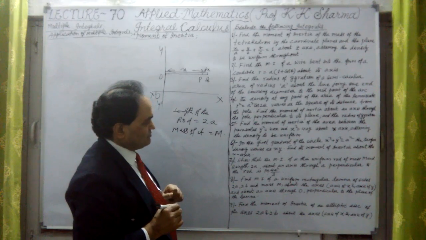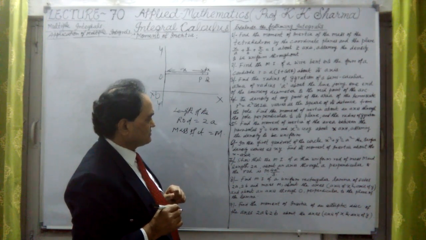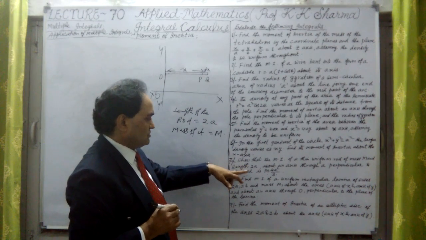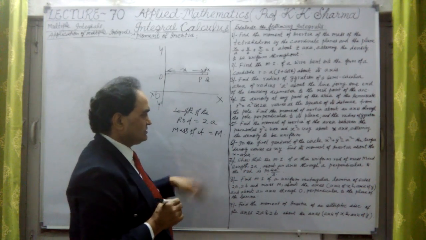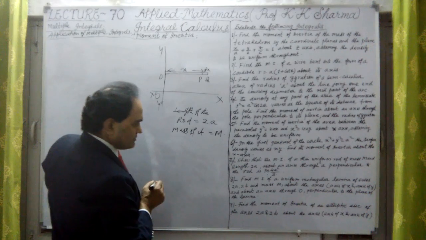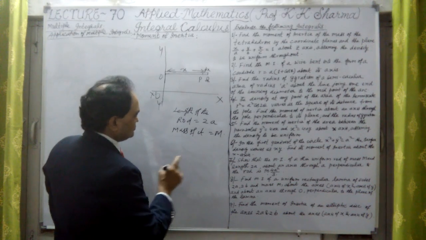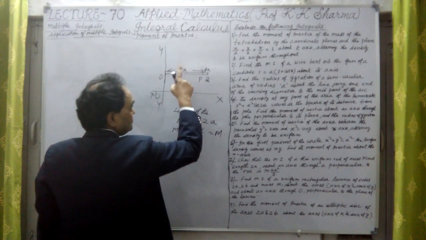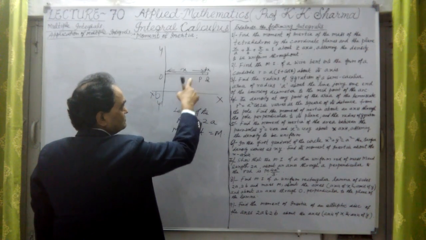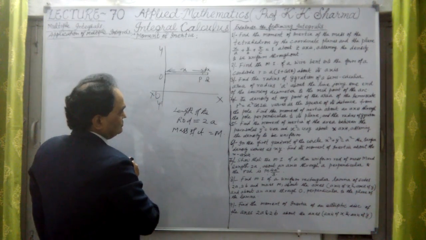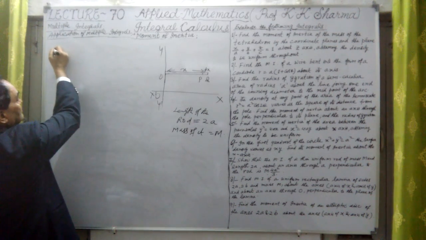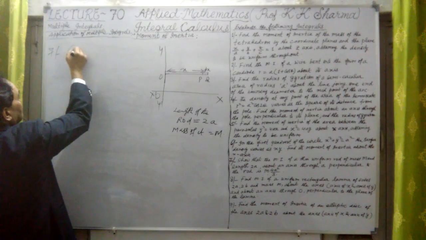And if I have to find out about the x-axis, the moment of inertia of a thin uniform rod about an axis, let me take this x-axis, through a perpendicular to the rod. Now if there is a rod, there is a perpendicular which is perpendicular to the rod given here. What is the length of this? Let me take what is given here in the 7th question.